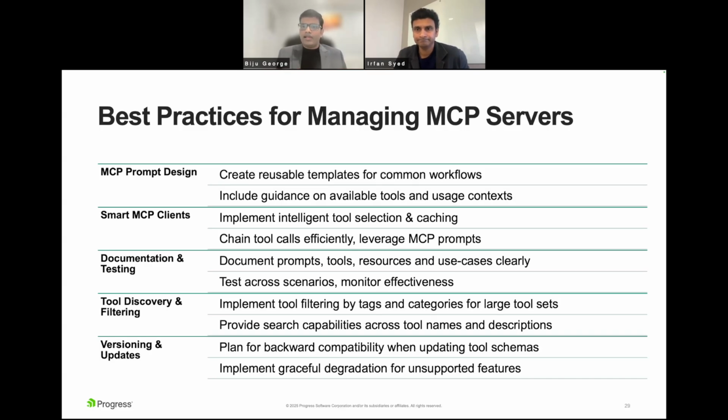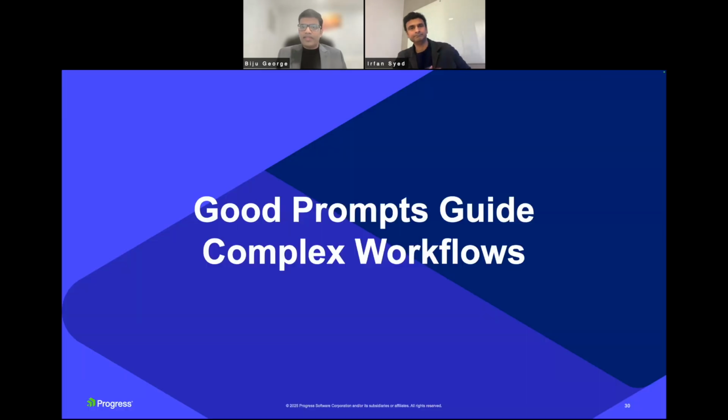Okay, next slide. The bottom line is good prompts guide complex workflows. So design focused, secure MCP servers with smart prompts that guide users and clients, and that optimize the tool usage within the context limit.